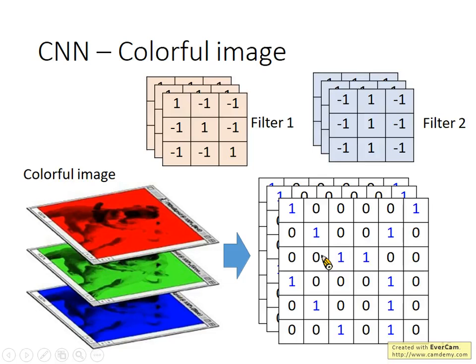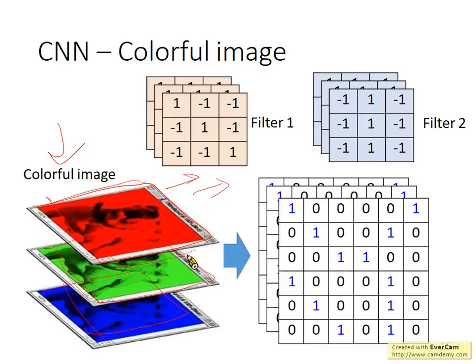And in the previous example, we just considered the black and white or gray level image. However, when we handle a colorful image, for each pixel we have 3 channels: red, green, and blue. So how can we do that? The solution is simple. We just apply this convolution for the red channel first, and then for the green channel, and then for the blue channel. So, for example, for the red channel, we will have 2 different feature maps.